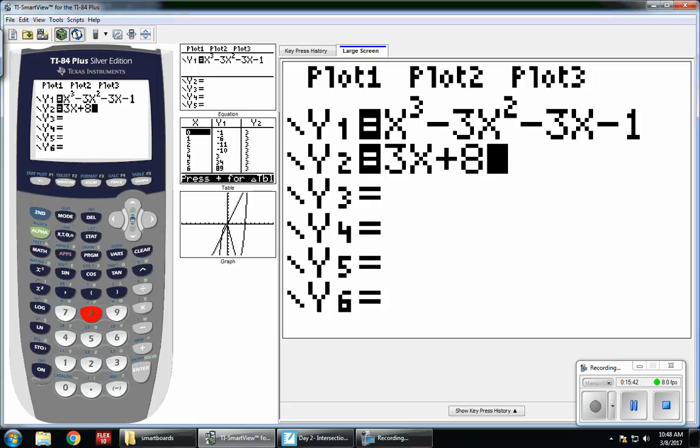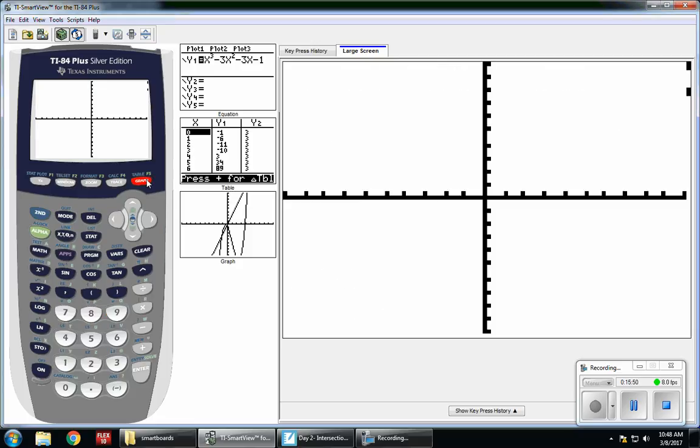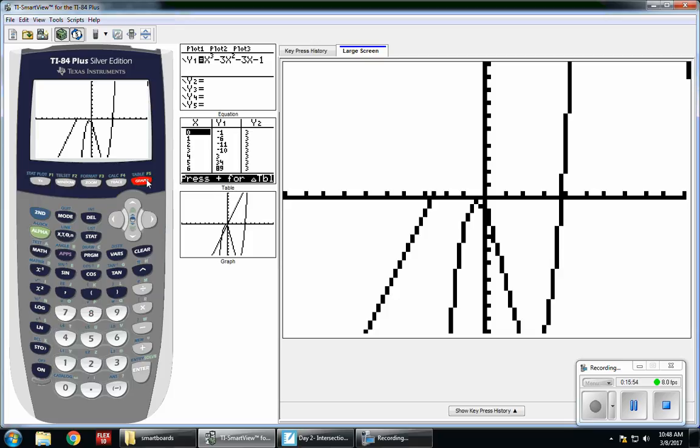So once you have both of your functions typed into y1 and y2, our next step is to graph. So if I hit graph here, there's my first picture, there's my second picture.